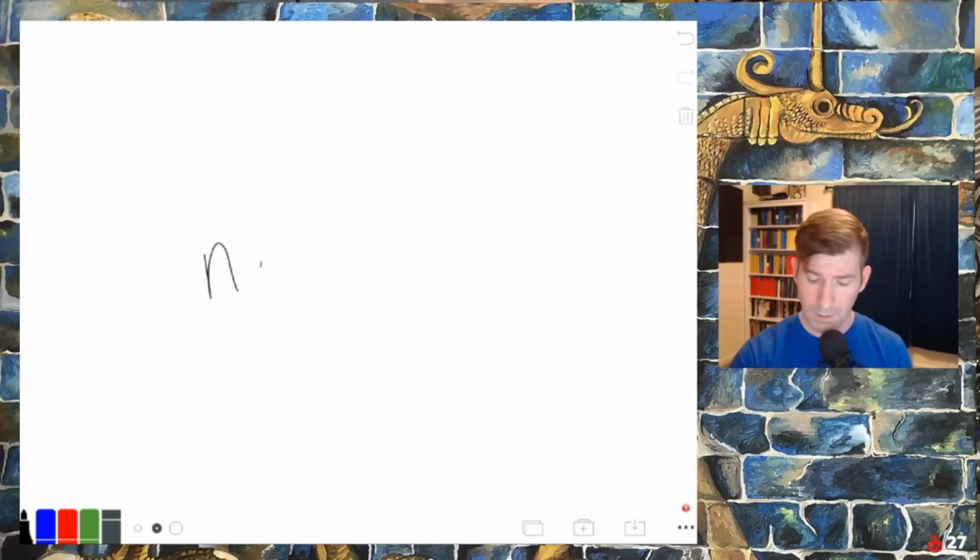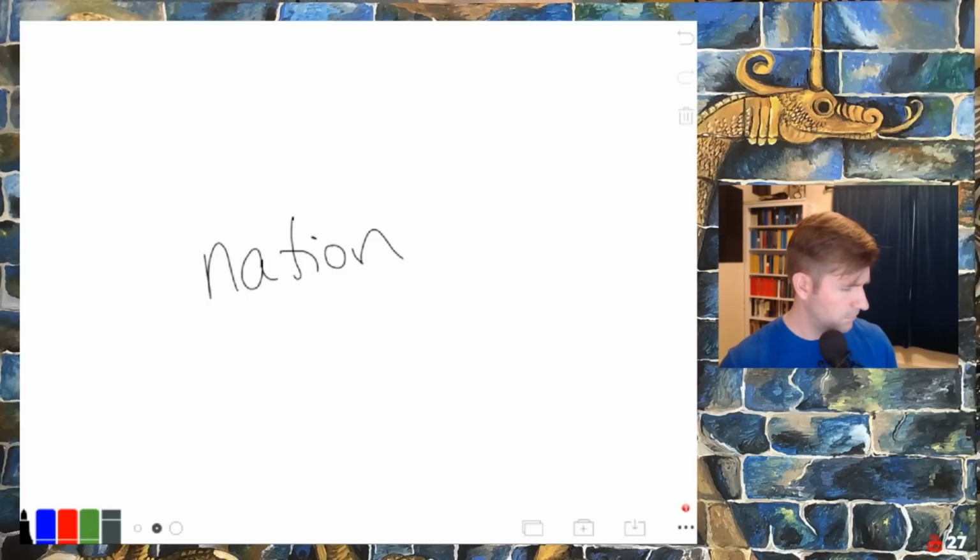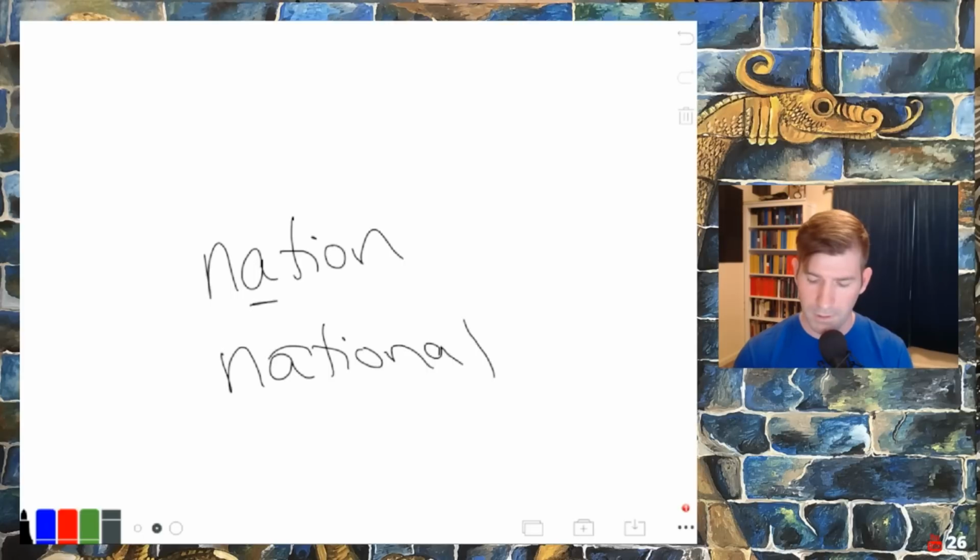So nation, that long A sound, when you write this word, nation goes to national, right? It shortens, or it becomes a shorter vowel. National. So there's a change in the vowel sound when you add things to a word.